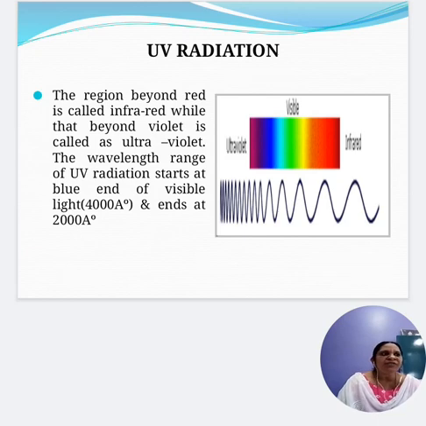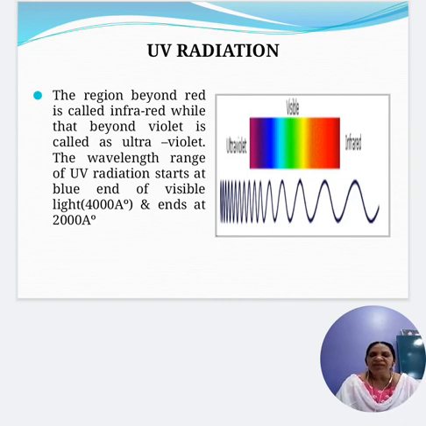So on one side of the visible light we have the ultraviolet light and on the other side we have the infrared light.